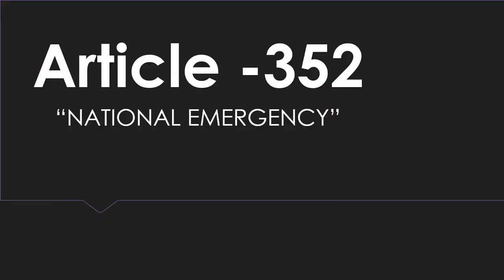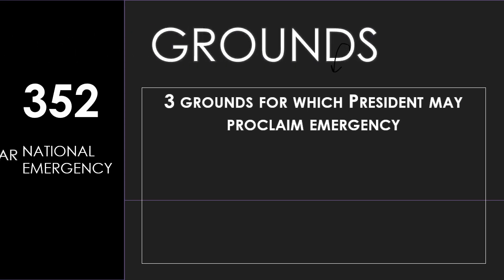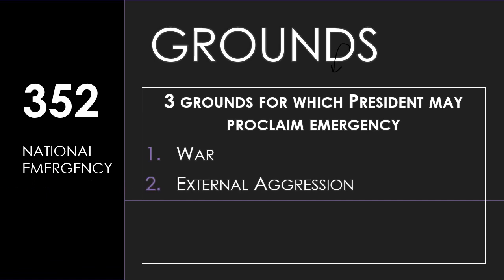Let us start with Article 352, National Emergency. There are basically three grounds for which the President can proclaim a national emergency. The first is if there is a war. The second is if there is an external aggression, which means there's an aggression which is not necessarily a war.